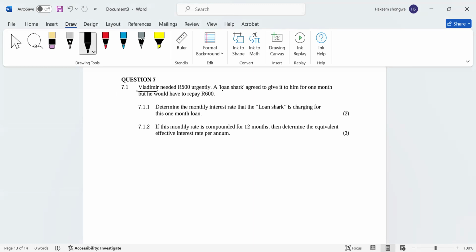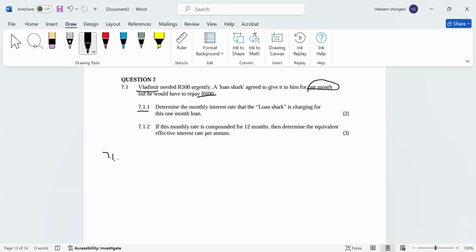A loan shark agreed to give it to him for 1 month, but he will have to repay 600. So 7.1.1 says, determine the monthly interest rate that the loan shark is charging for this 1 month loan.